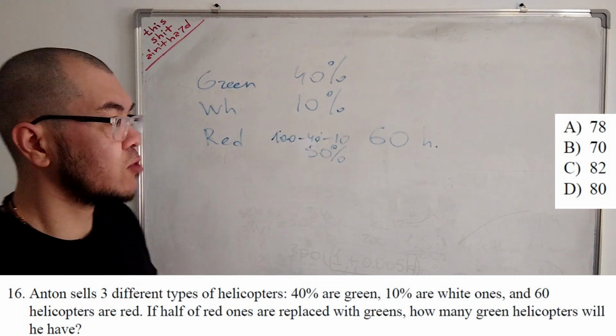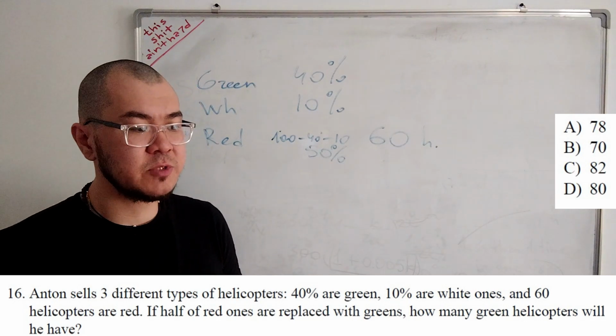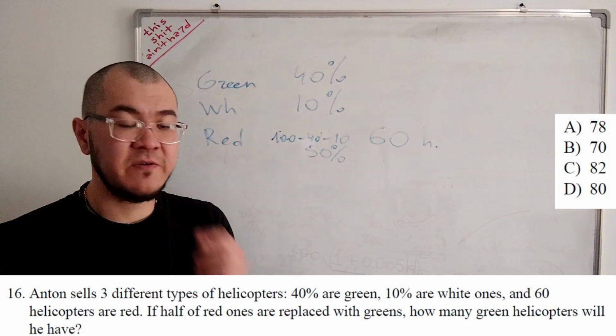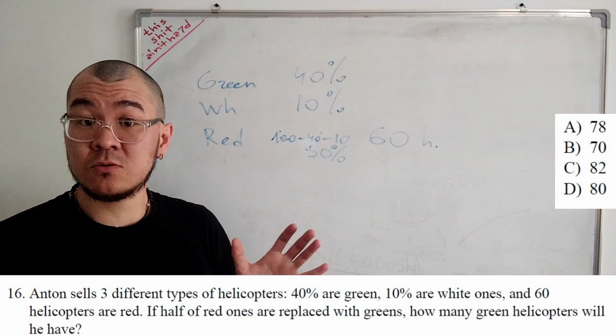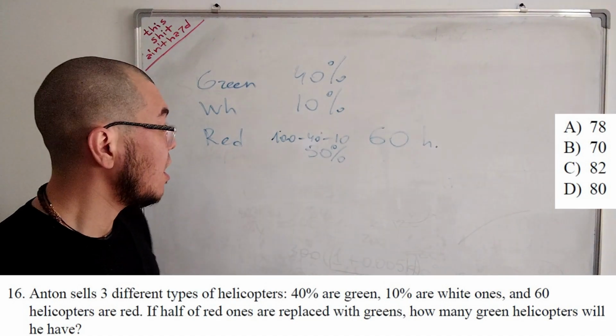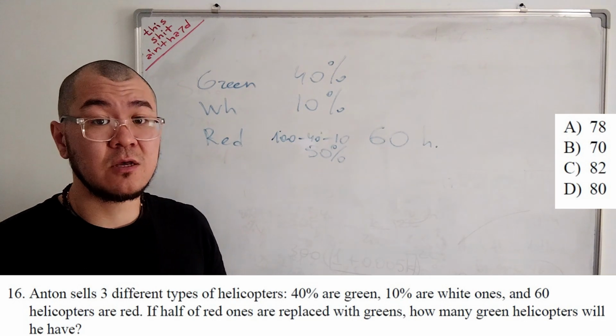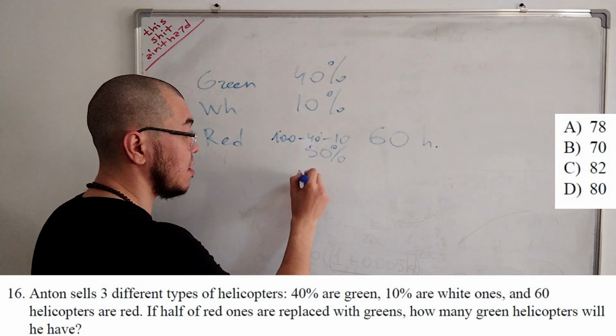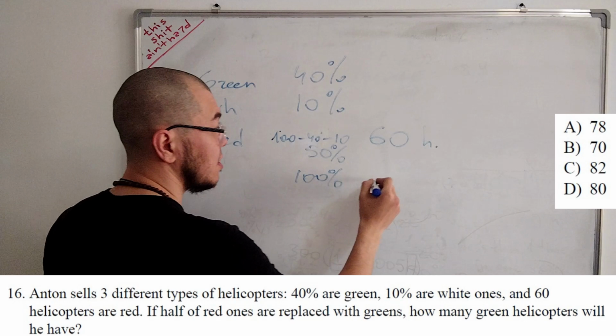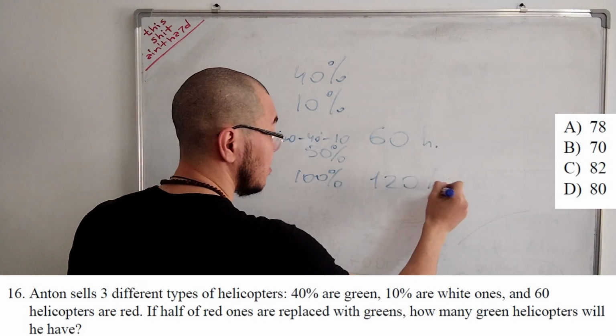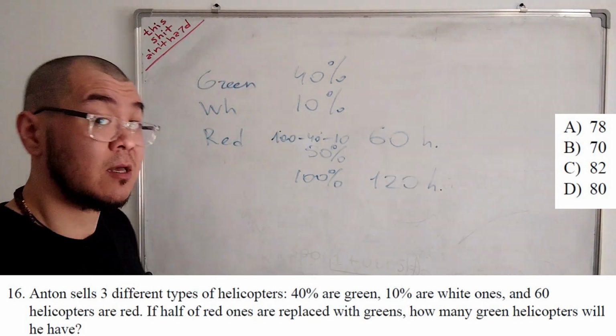So the red helicopters are 50% of all the helicopters, and 50% is equal to 60 helicopters. We can find out that 100% will be equal to 120 units, 120 helicopters.